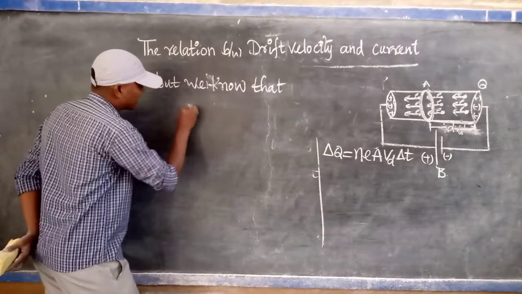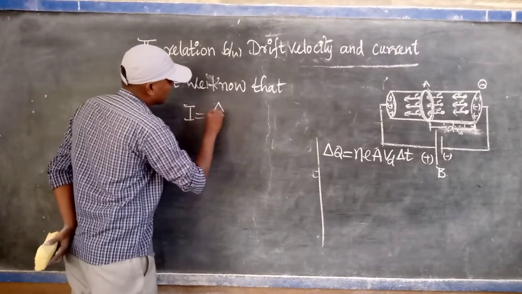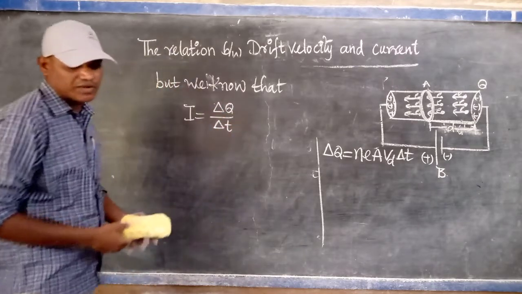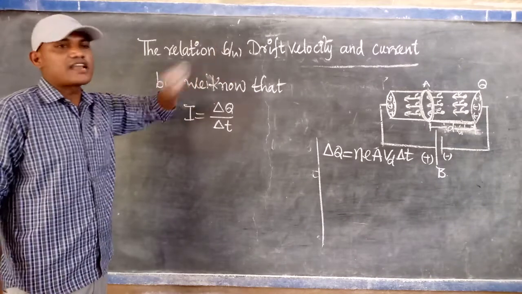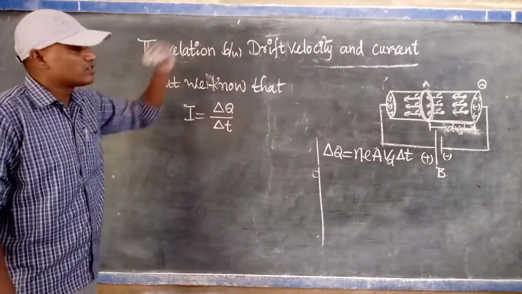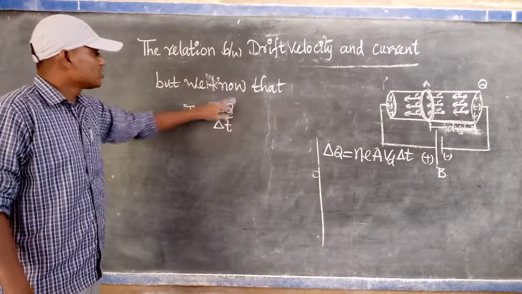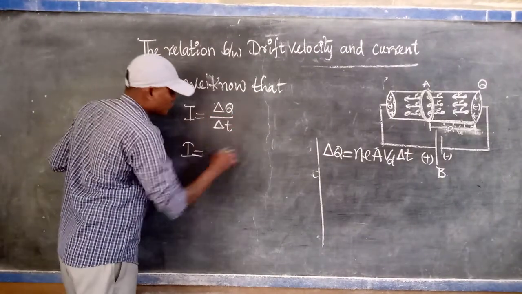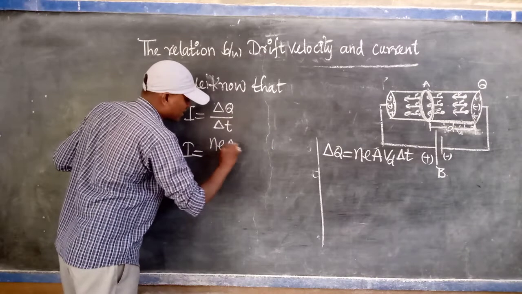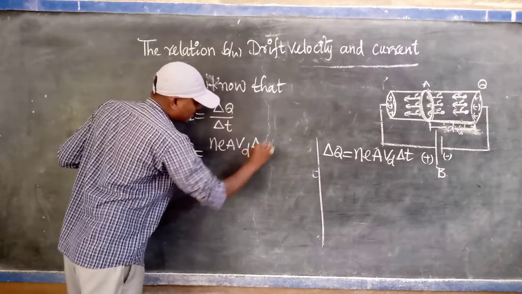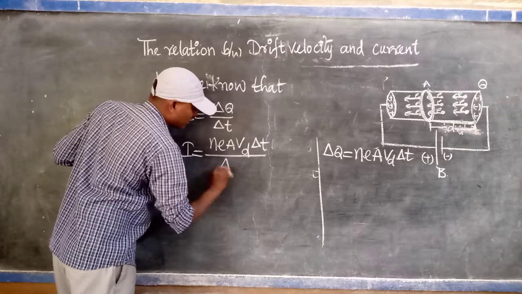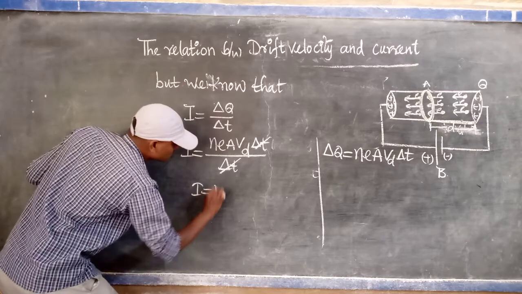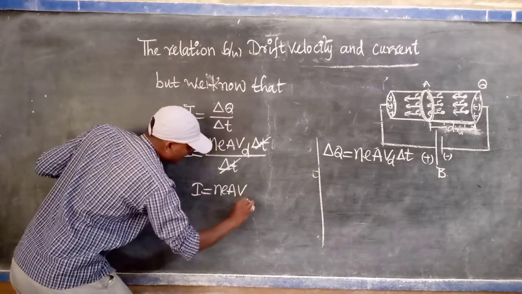Now I will write I is equal to delta Q upon delta T. Why? Because initially electrons do not have any charge, but they carry the charge from one place to another, so the charge changes. So I is equal to delta Q, that is nEA Vd delta T upon delta T. Delta T gets cancelled. Then I is equal to nEA Vd.